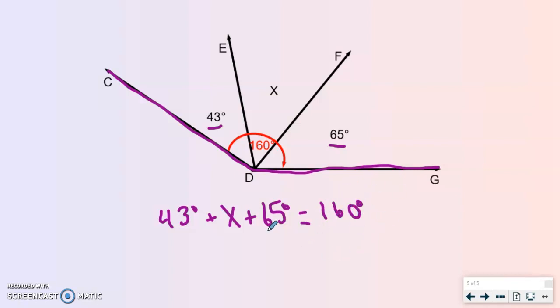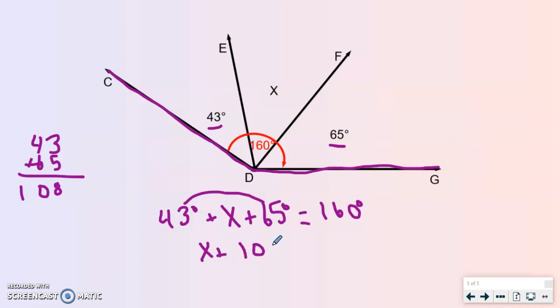But what I like to do is combine my 65 and my 43. 43 plus 65 is 108. So I could rewrite this as X plus 108 equals 160. That's my first step in my multi-step problem, and now it's as easy as just subtracting the 108.